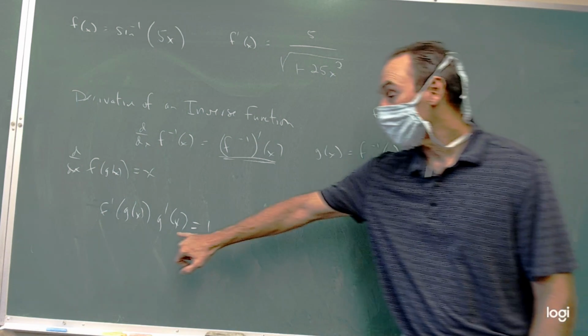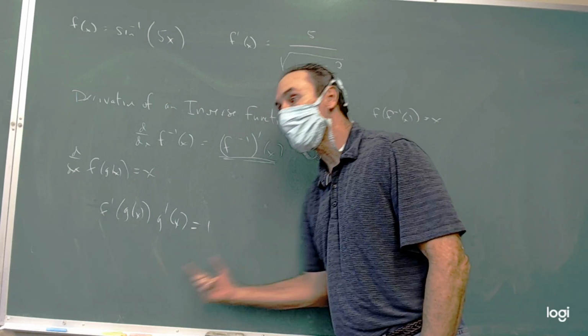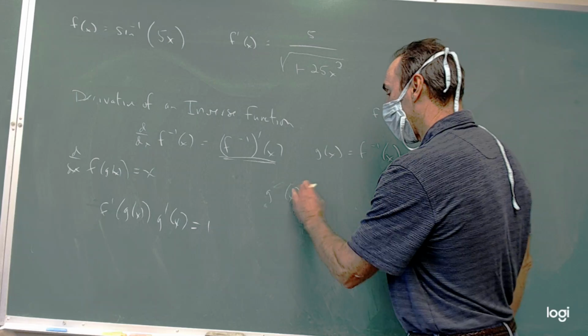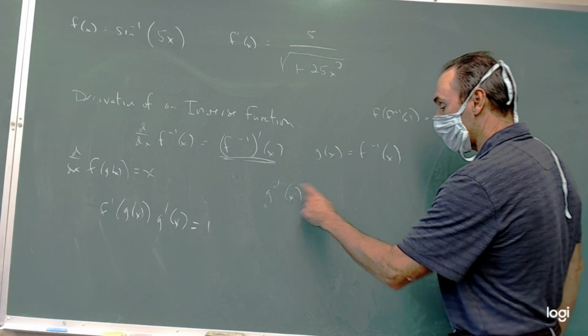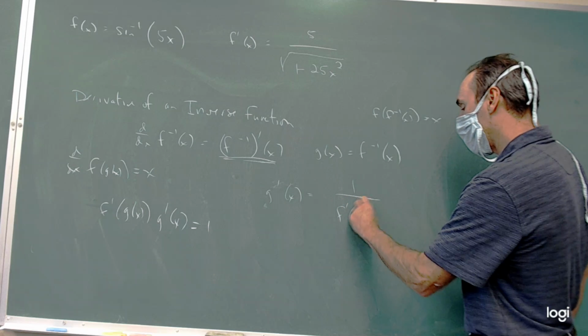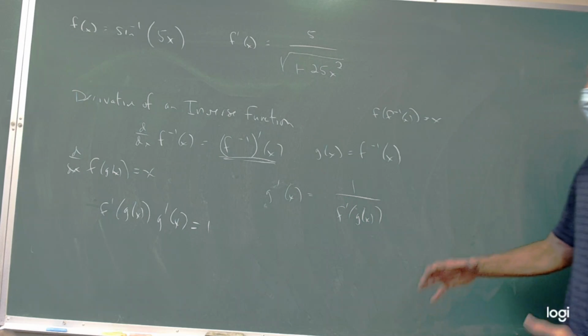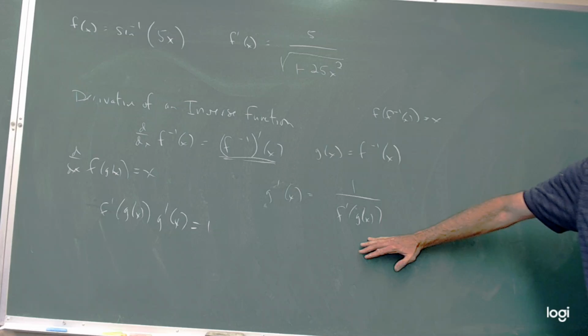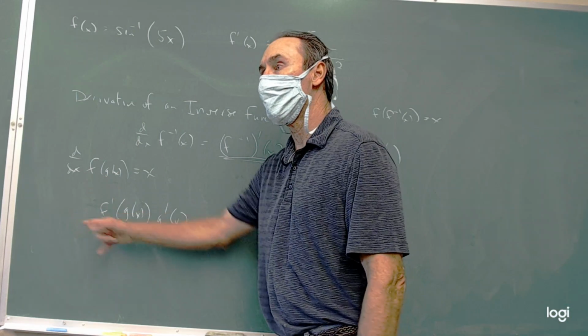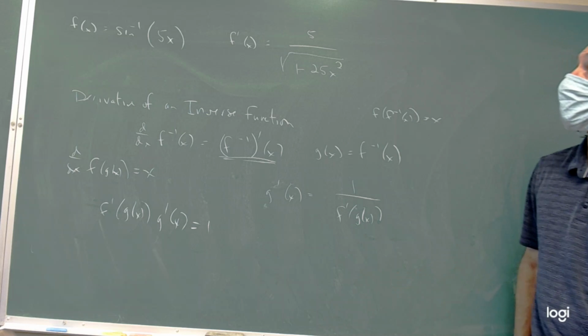So in solving for that g prime of x, we divide all this other stuff to the other side, and so our formula, if you will, is g prime of x, the derivative of our inverse, is 1 over f prime of g of x. I wouldn't try to memorize it. I don't try to memorize this, but I remember where it comes from and recreate it. I think that's longer lasting.